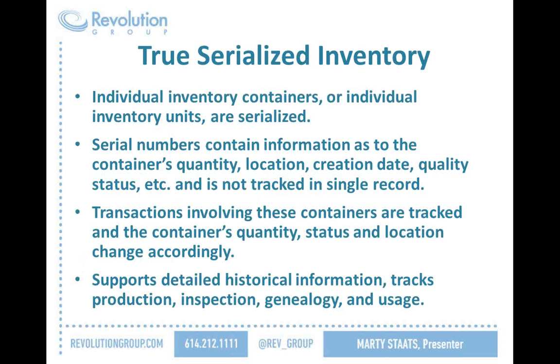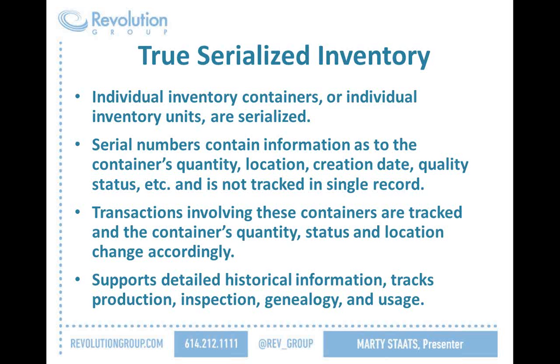So let's talk about true serialized inventory. Basically that is individual inventory containers that are tied to a serial number, and in some cases those could be individual parts that may necessitate serialization. The serial numbers often contain a lot of information about that container of parts, including quantity, location, the creation dates, maybe their quality status.